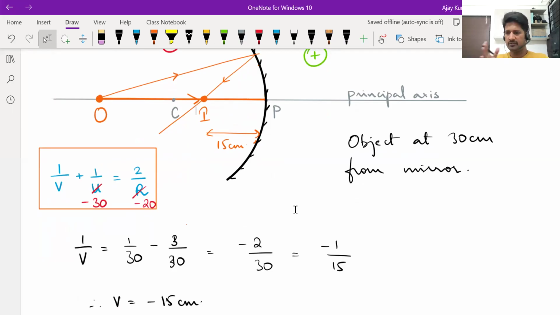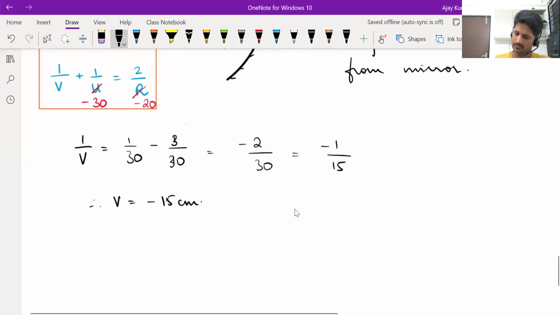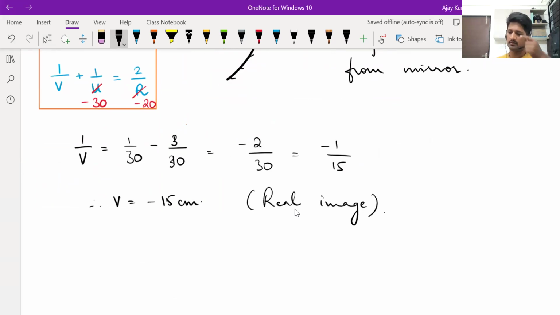If an image forms in front of the mirror, then it has to be a real image. But if an image forms behind the mirror, rays never go behind the mirror. They get reflected back to the front side. So if an image forms behind the mirror, it has to be a virtual image. Okay, so in this case, it's a real image. Fine.